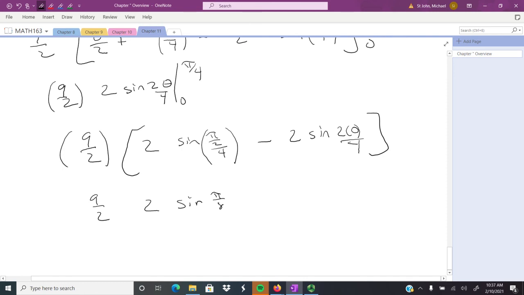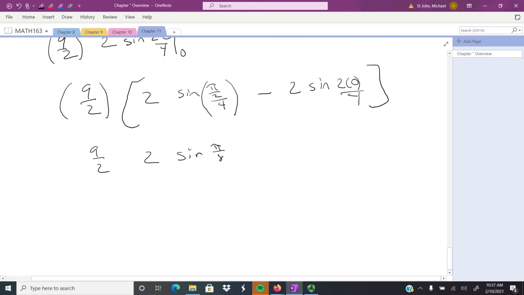Well, 2 times 0 is 0. The sine of 0 is 0, so I don't have to worry about the back term at the moment. So this is going to be 9 sine pi over 8. And if we plug that in, we end up at 3.44, we'll call it.